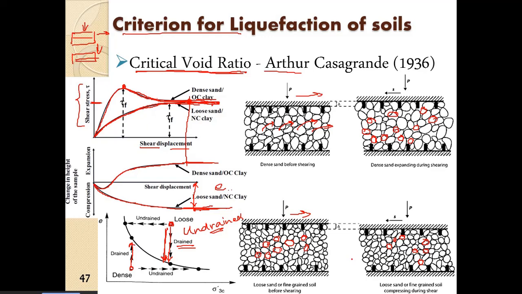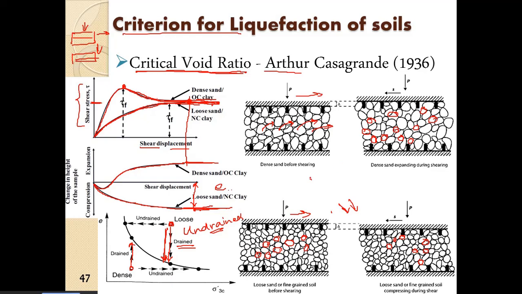The soil will try to get compressed, the void ratio will try to reduce, and the soil will try to get reoriented or rearranged in a denser state. But the water inside the soil is not allowed to drain out, so the void ratio cannot reduce, it cannot consolidate. So there will be an increase in the pore water pressure.